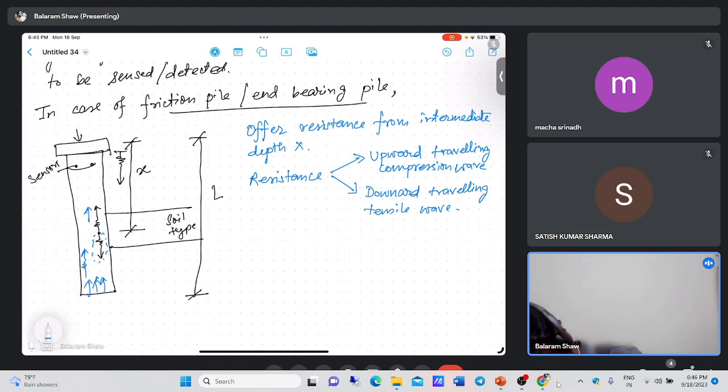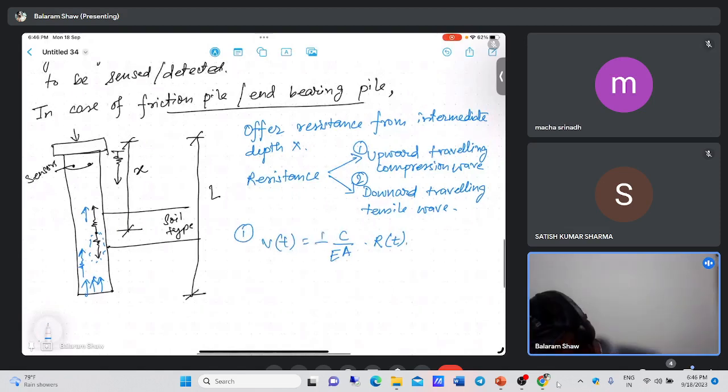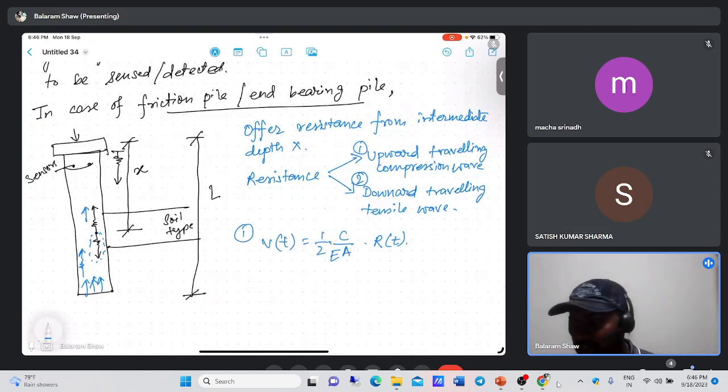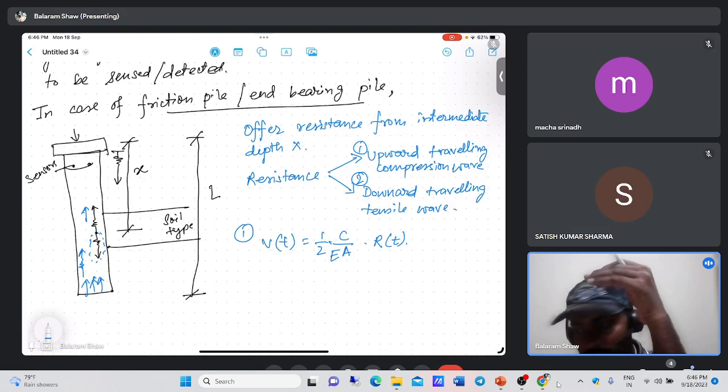Okay, let us give this a number. For the first component, what will be my V? It will be C by EA into R of t, and one half will be multiplied. Why is this half getting multiplied? Because half of the wave will travel upward while half will travel downwards.